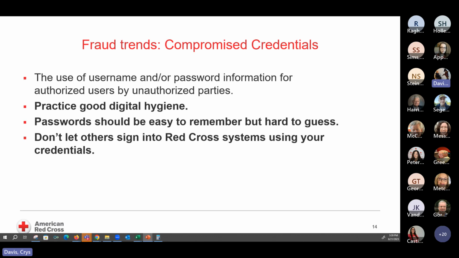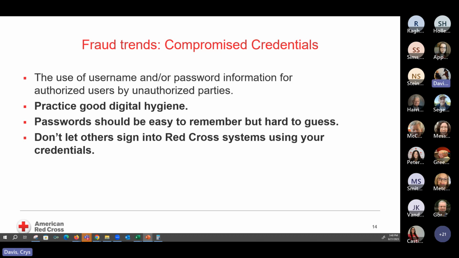Any other questions? As disaster season really starts picking up here, be on the lookout for stuff, because most perpetrators of fraud do not go for the really high dollar cases. Most of them go for the lower dollar stuff.